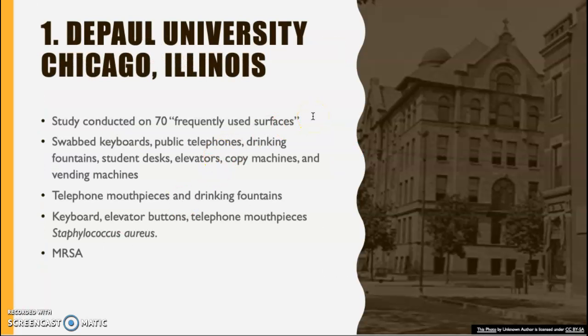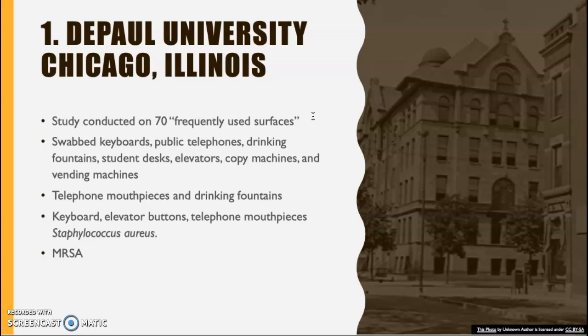The first one is DePaul University in Chicago, Illinois. The study was conducted on 70 frequently used surfaces. These were just assumed to have a lot of microbiota. So they swabbed keyboards, public telephones, drinking fountains, student desks, elevators, copy machines, and vending machines.